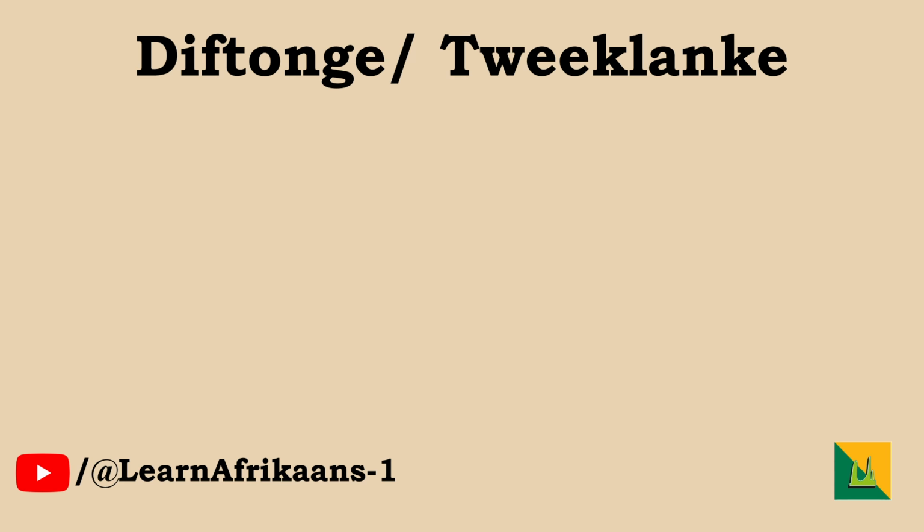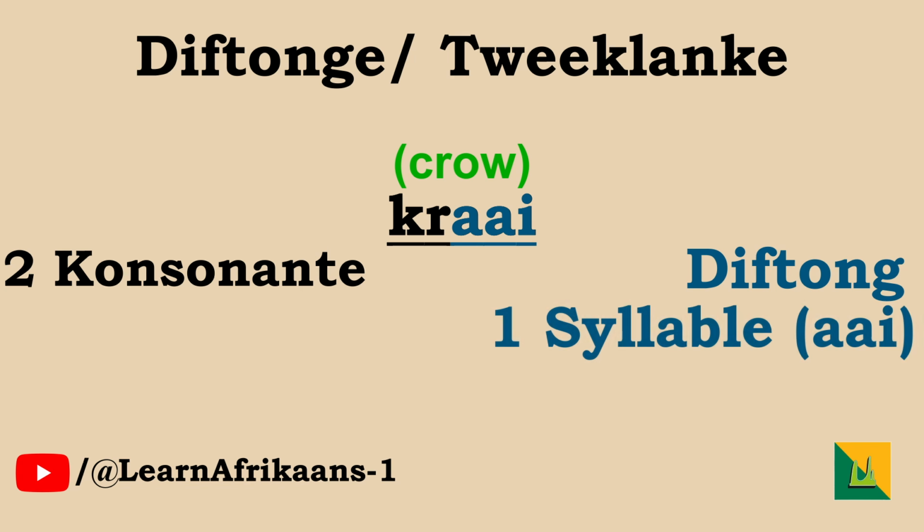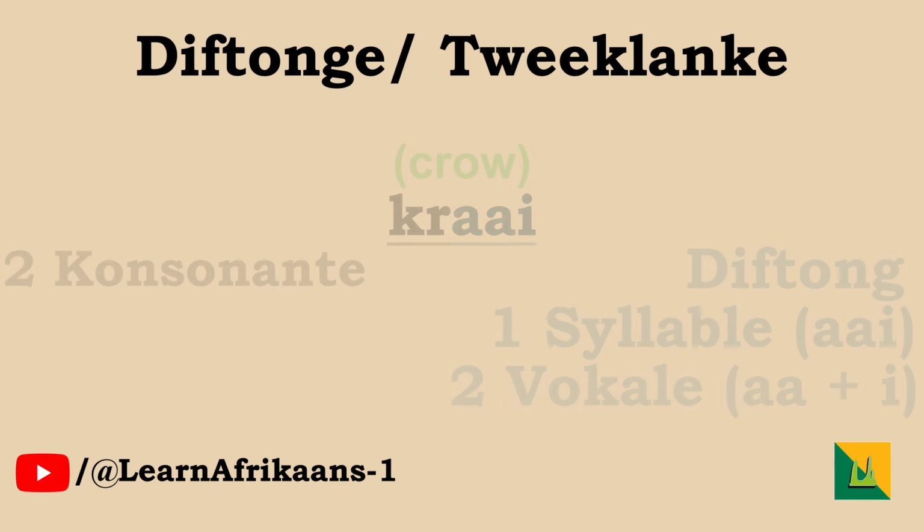Look at the following example using the Afrikaans word for crow, kraai. Here we have our two consonante together as the sound kr. Then we have the diphthong ai, because it is one syllable sound that consists of two vokale, a and i.